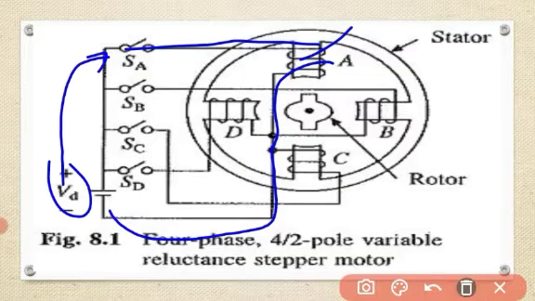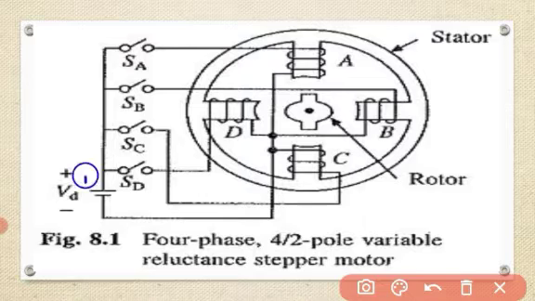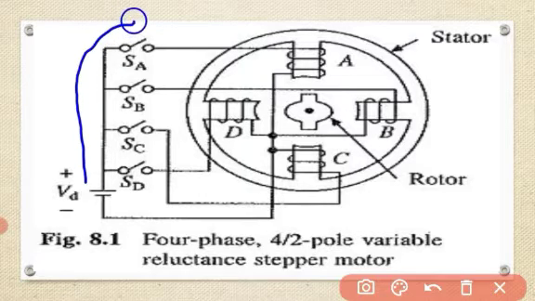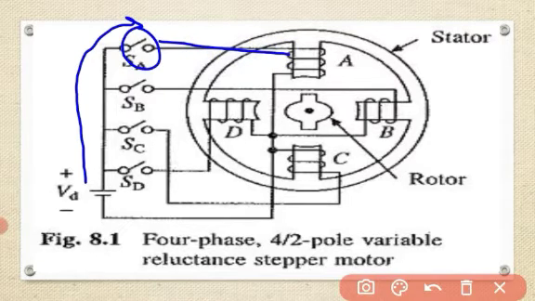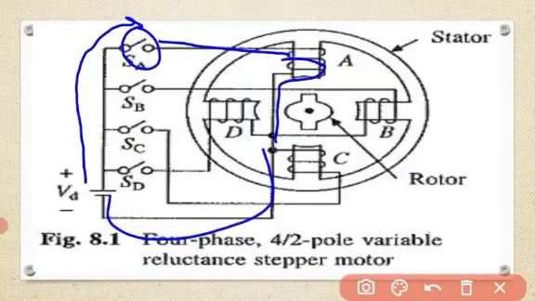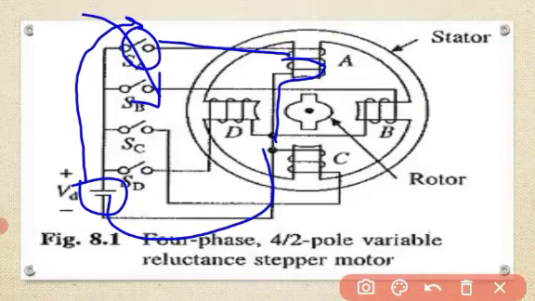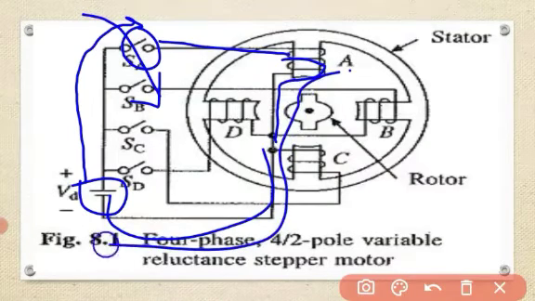Once again, the DC supply is connected through this SA switch and it comes to the stator pole A, and it goes back to the negative of the supply. It means when you turn on the SA switch, it will be connected through A and come back to the supply.